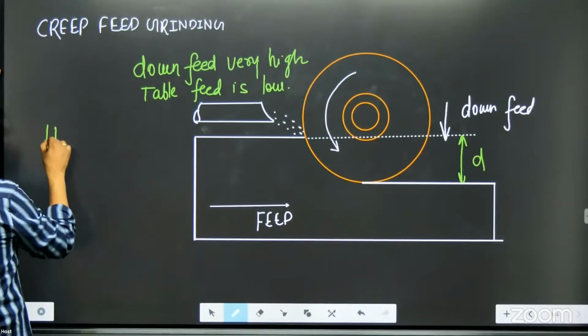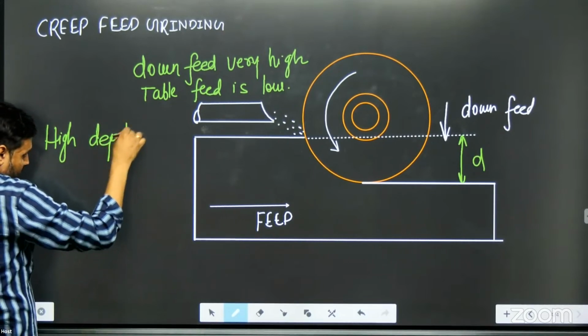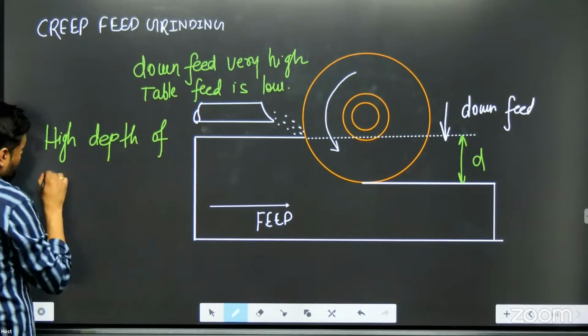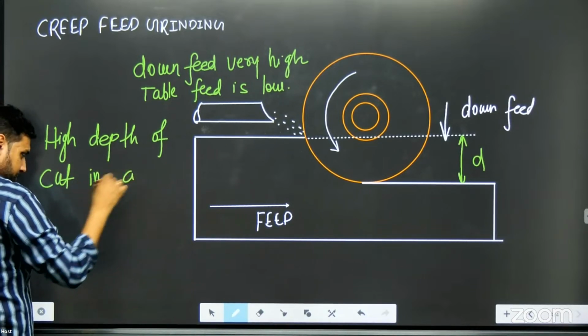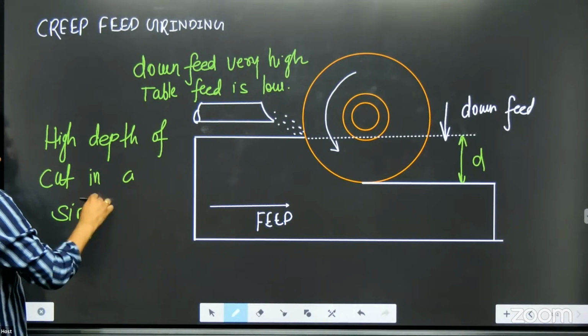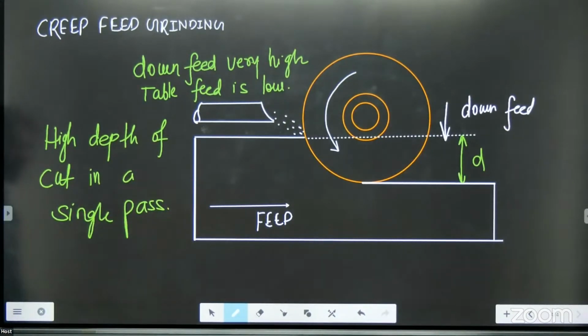So high depth of cut you achieve in a single pass. And doing this is what we call, very simple, creep feed grinding.